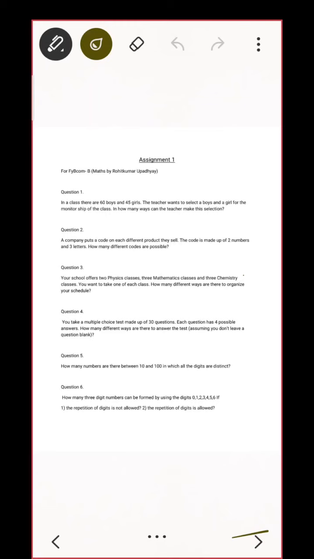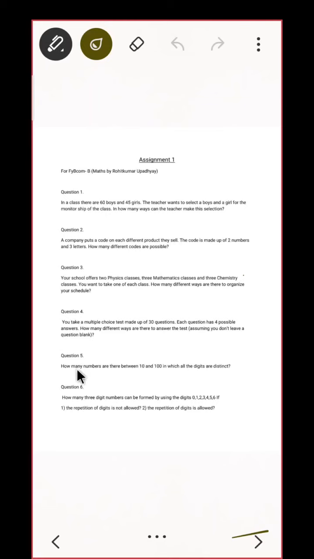For each of the 30 questions you are having 4 choices, perfect, 4 ways. You don't want to leave any of the questions blank, so the answer will be 4 into 4 into up to 30 times, that is 4 raised to 30. Very good. Do you agree, everyone?